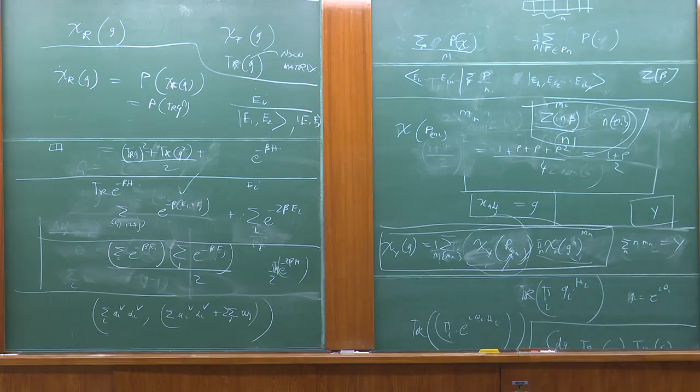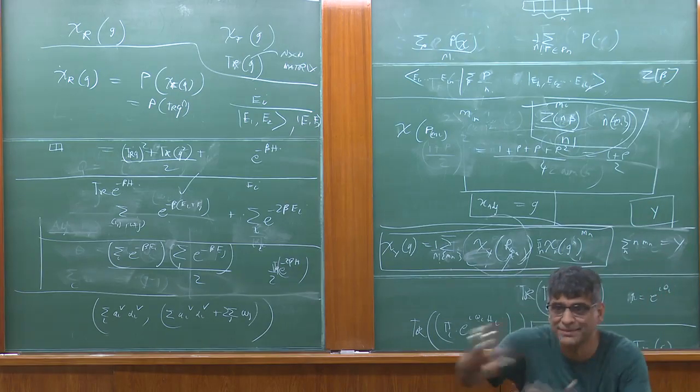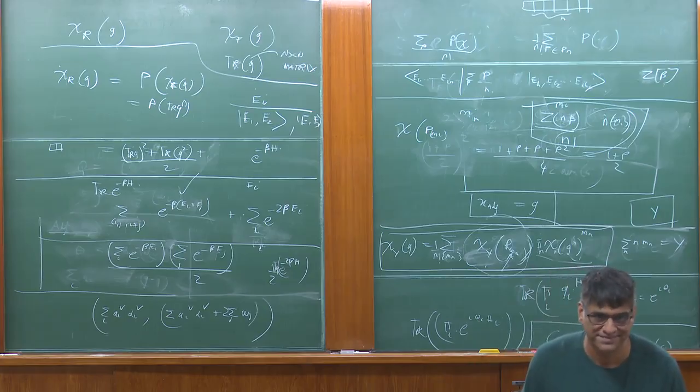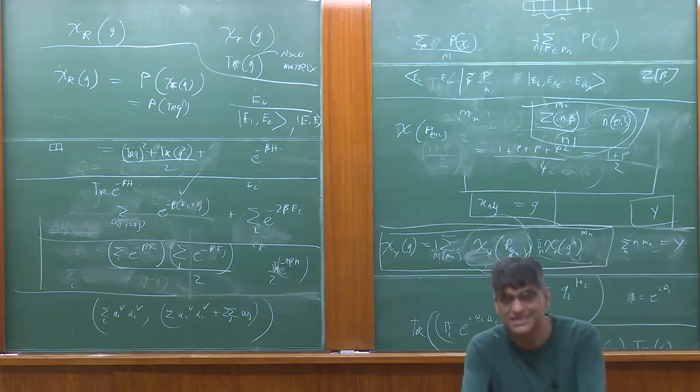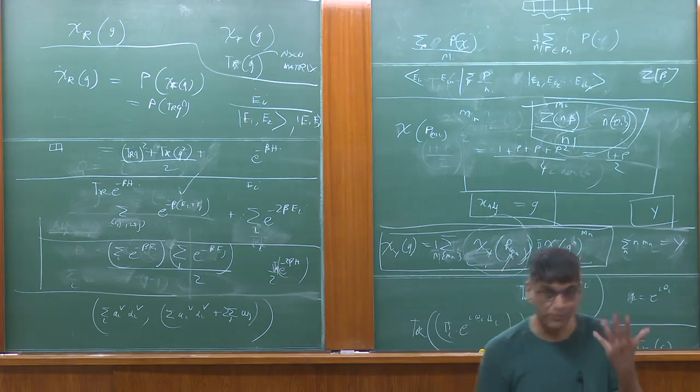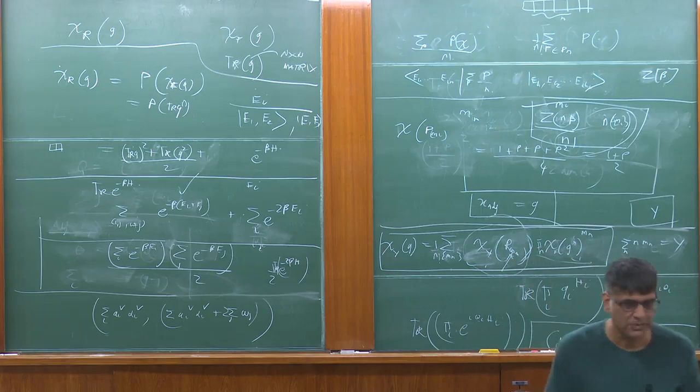Right? What you're doing is taking y particles in your Young tableau and imposing some symmetry structure. So the total number of g's that appear will be y. It's a y-particle state with some symmetry structure.